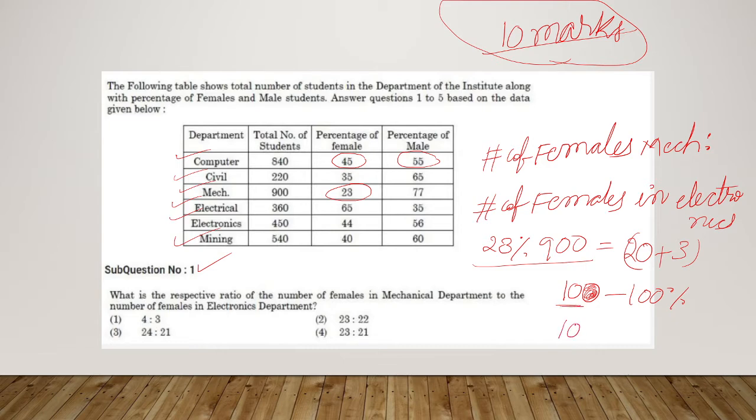Suppose it is 105, what is the 10 percent? We should not delete the last digit, we have to put a decimal point here. That becomes the 10 percent of 105. Like that we have to do.